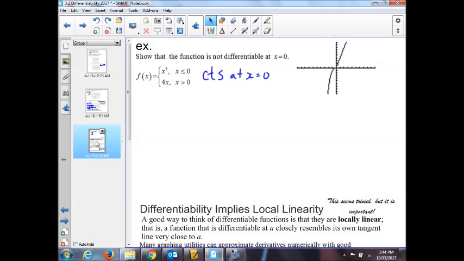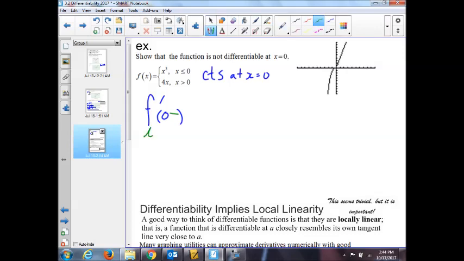So let's think something else through. And we can use our know-how if you know a little bit about functions. Let's say the derivative, f prime of 0, but we'll say from the left.